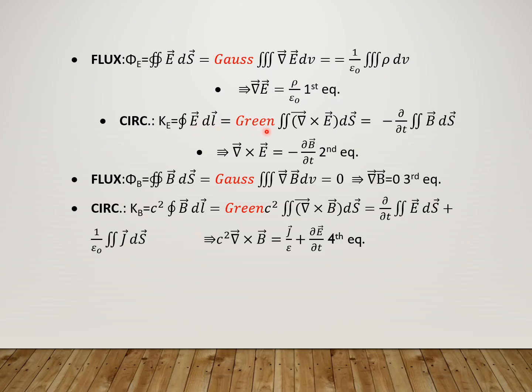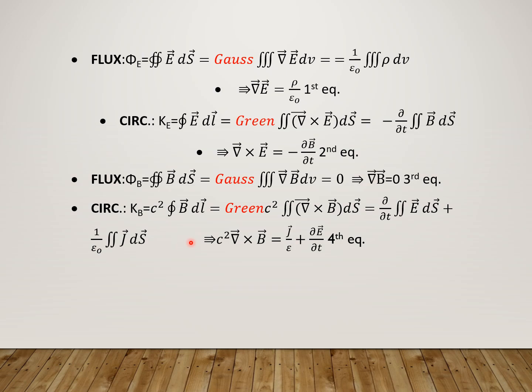And from Green theorem, this expression is transformed to a surface integral, not a closed surface, of the pseudo vector del cross E dot dS, which is minus d over dt of the surface integral of B dot dS, and finally we have the second equation of Maxwell.